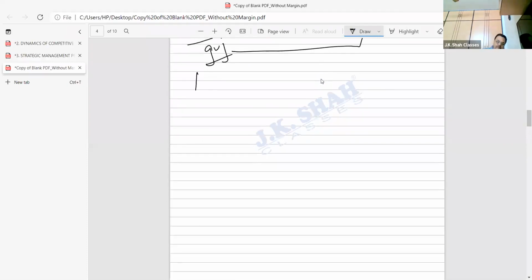First thing, planning. We all know, we've been studying this for so many years. Planning is deciding in advance what I have to do in future, isn't it? One would say planning is a trap laid to capture the future.